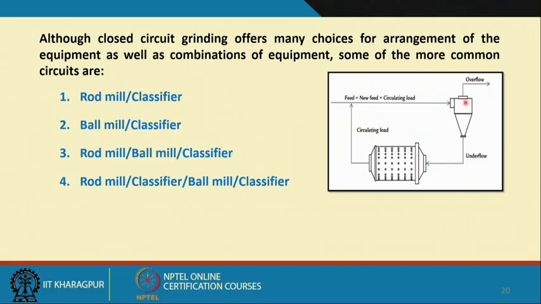So, why do we not send it to a hydrocyclone first to take out the already ground product that is there in the feed? That is why there is the new feed plus the material which is not yet finer than your desired size, that is the circulating load.